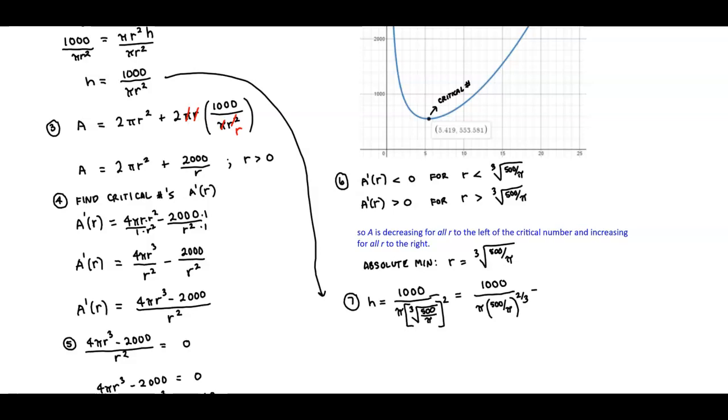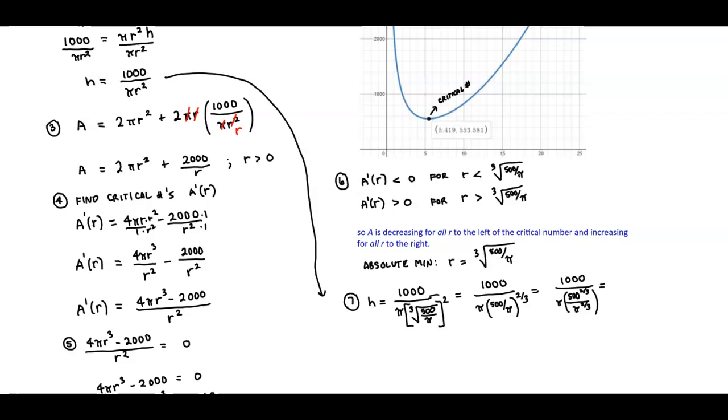Okay, and so now we're going to distribute that exponent. So we have 1,000 over pi times 500 to the 2/3 power over pi to the 2/3 power. Therefore, we're going to rewrite the pi to the 2/3 power in the numerator.